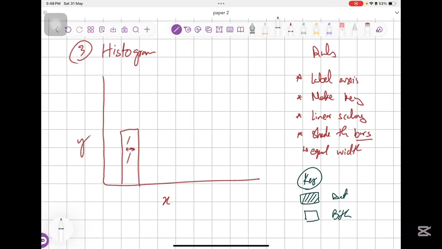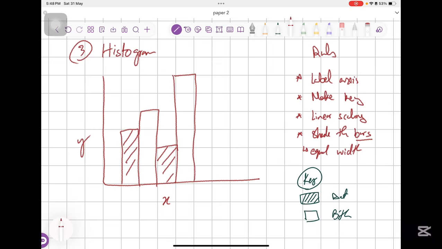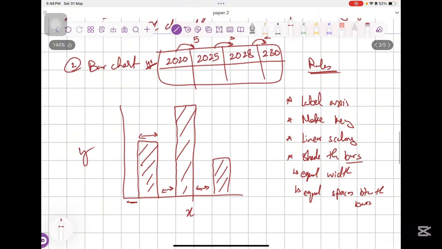Let's make it the same color so it would be similar to the exam setting. Death could be like this, and then birth can be like this, and then go ahead, death, and then birth, okay, and then death, and then birth. This part I'm talking about is 1 year, like this is 2021, and this part is 2022, okay, this is what it means.